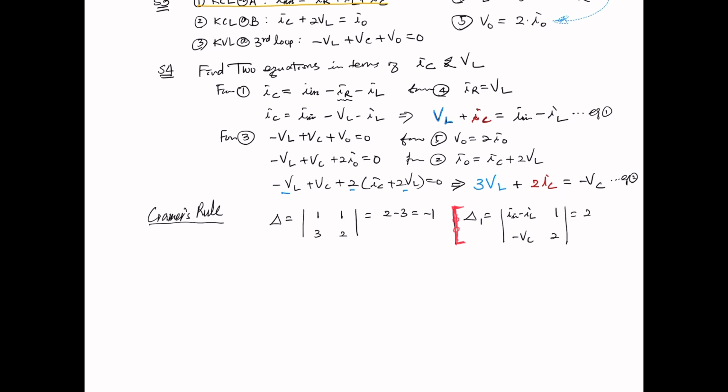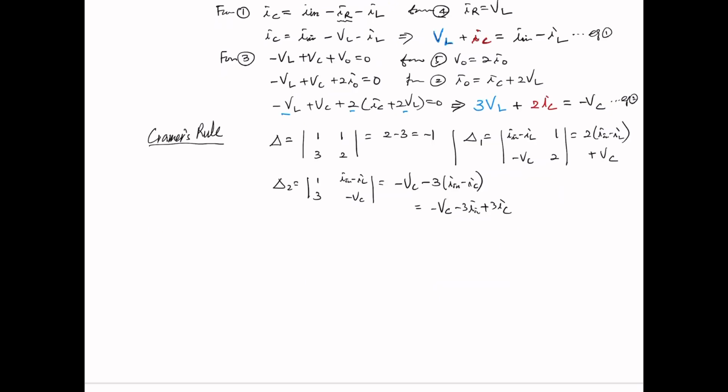So AD minus BC is 2I in minus IL minus VC plus VC. Then delta 2 keeps the first column, and the second column is I in minus IL and negative VC. Then AD minus BC equals negative VC minus 3I in plus 3IC.